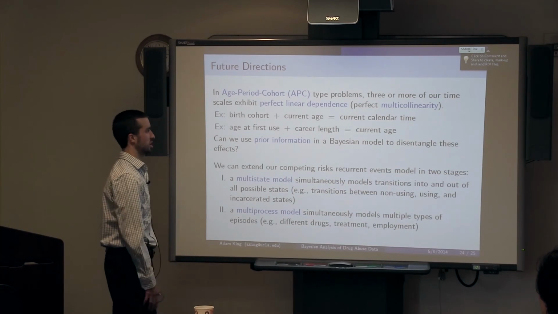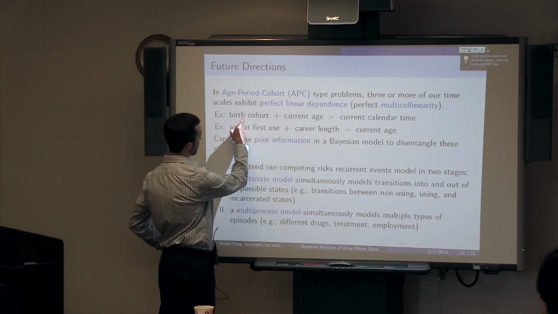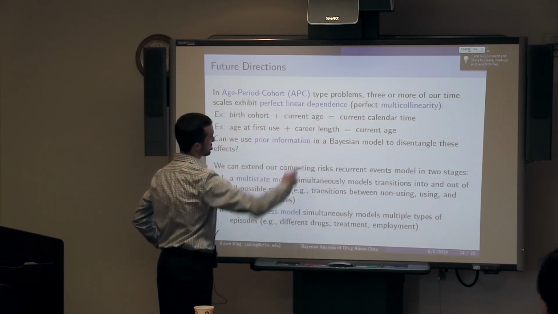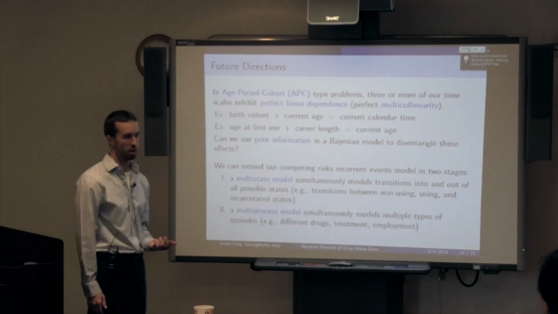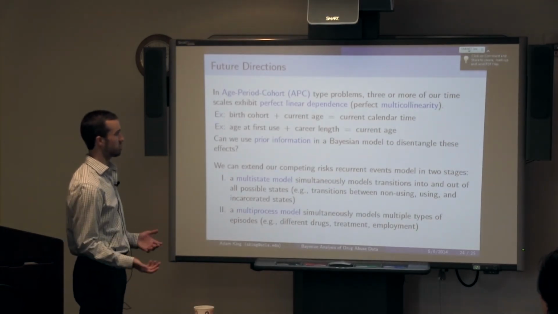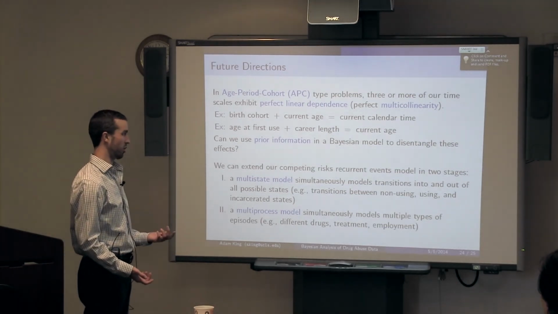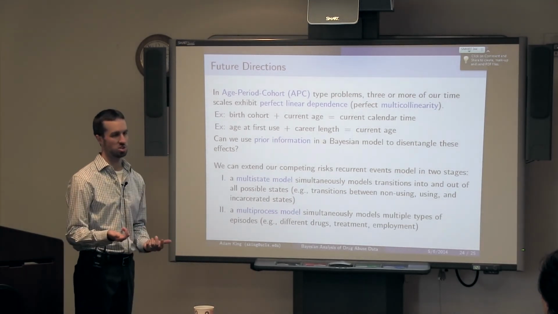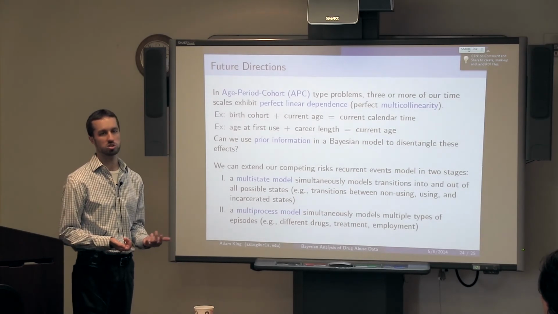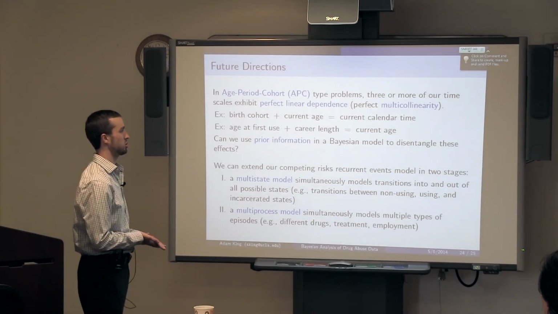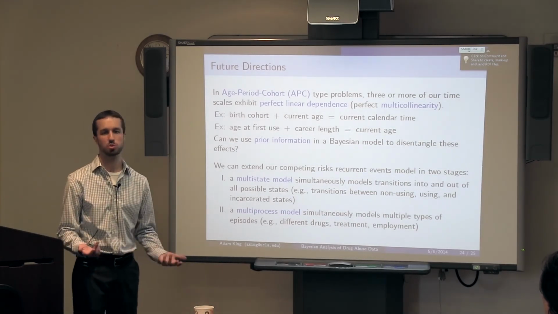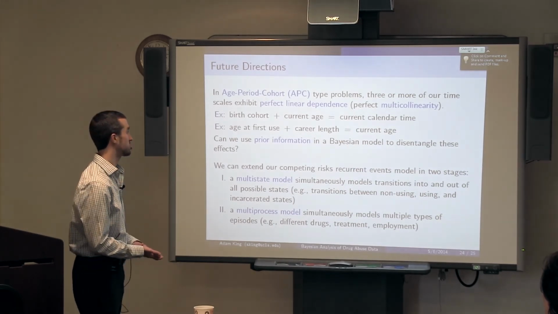The classical example of this is where you have time of birth plus current age equal to current absolute calendar time. And as you know from fitting any kind of regression model, if you have a collection of covariates, where one of them is essentially a linear combination of the others, you often can't fit the regression model. If you're running a SAS proc reg, it'll give you an error message.